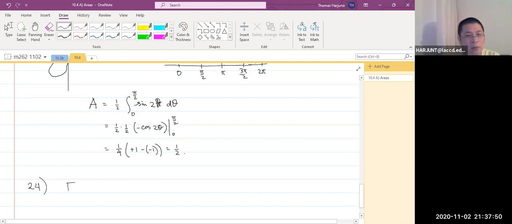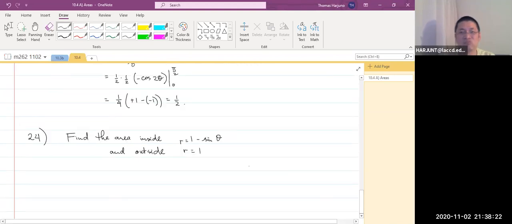Find the area inside the first curve, which is r equals 1 minus sine theta, and outside of the second curve, r equals 1. Let's sketch that first.